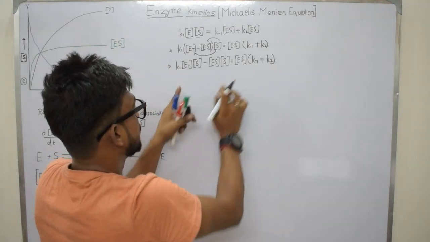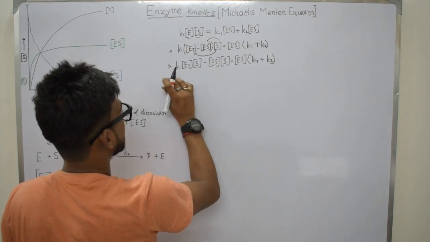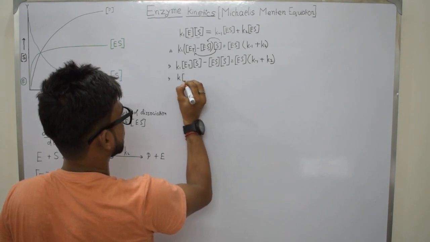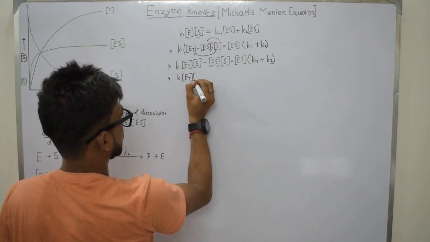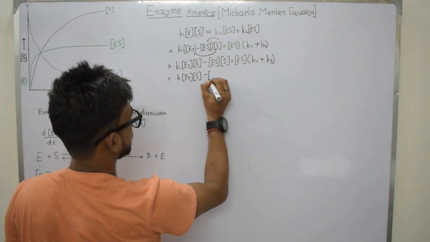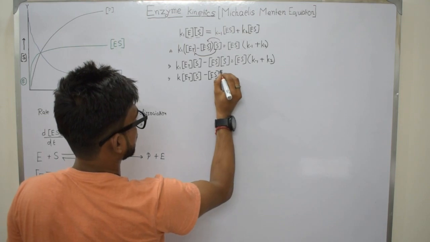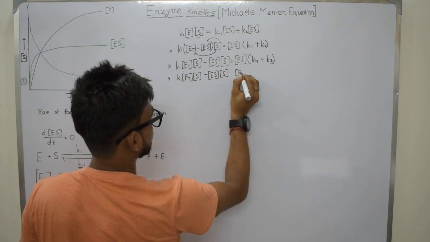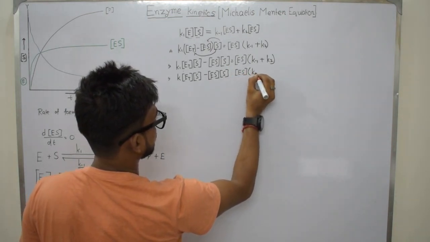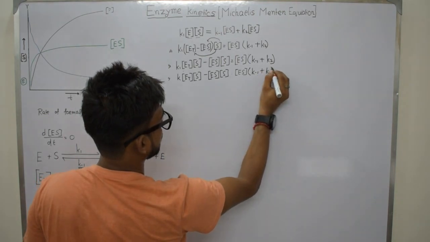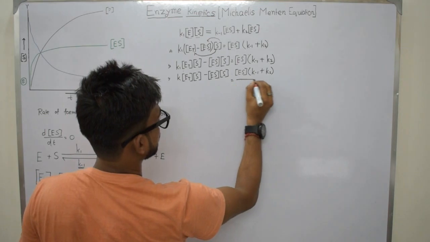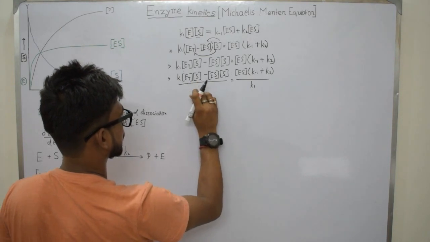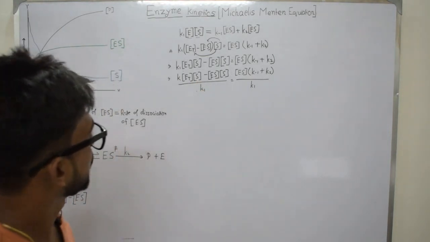If we divide these two sides by K1, it will end up with this equation.